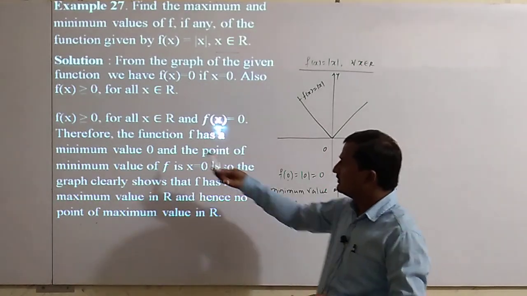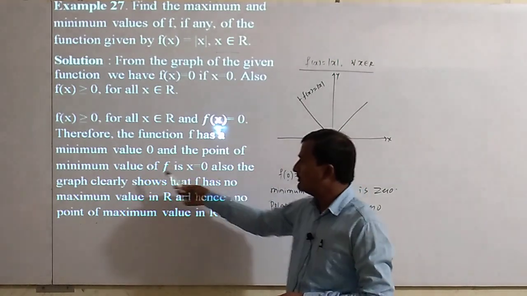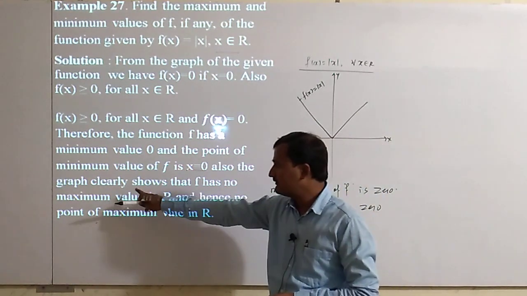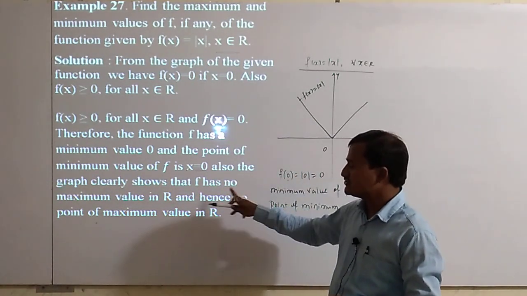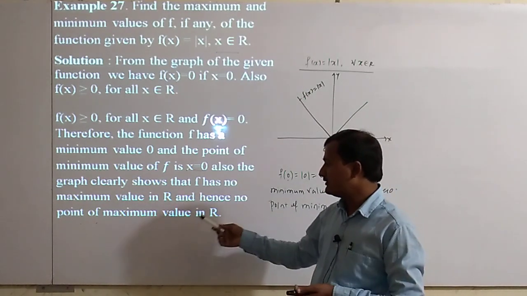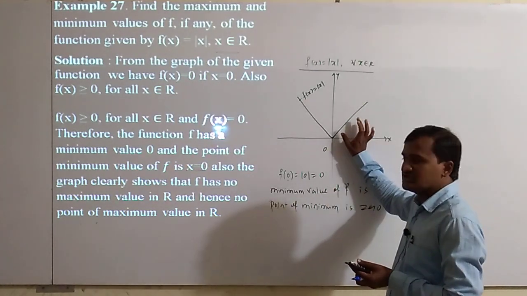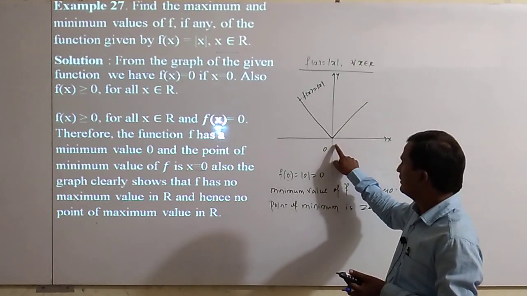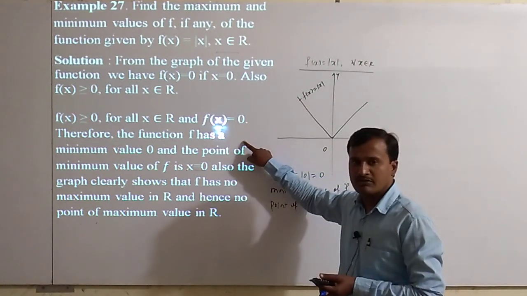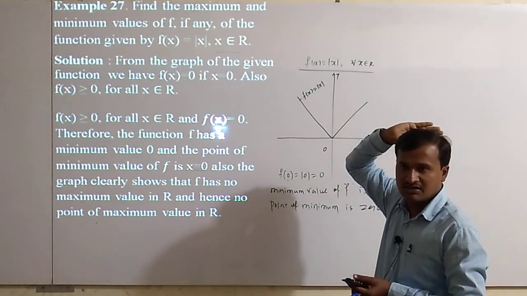Therefore the function f has minimum value 0 and the point of minimum value of f is x equal to 0. Also the graph clearly shows that f has no maximum value in R and hence no point of maximum value in R. From the graph of this function, if x approaches plus infinity or x approaches minus infinity, the functional value is also increasing, right?